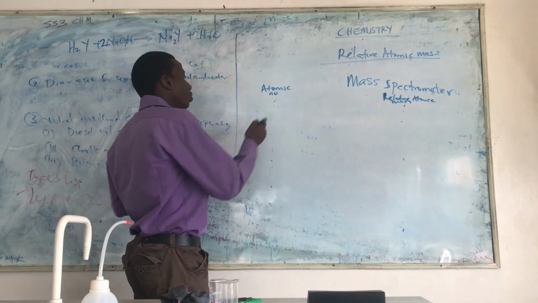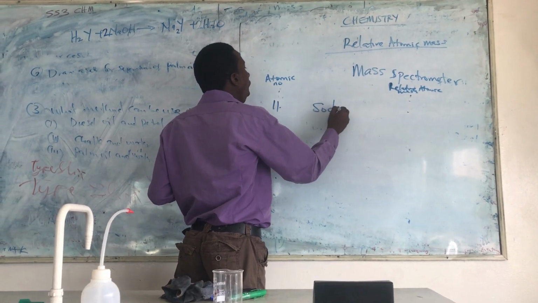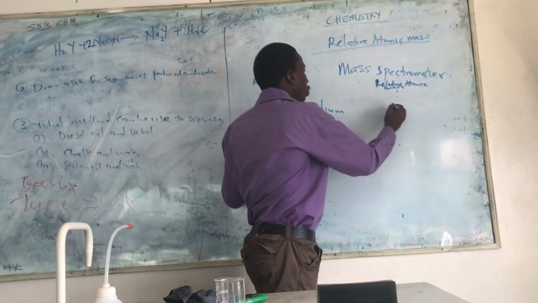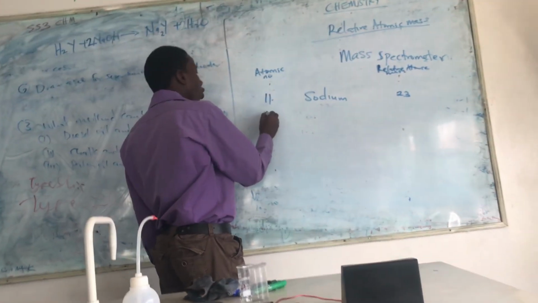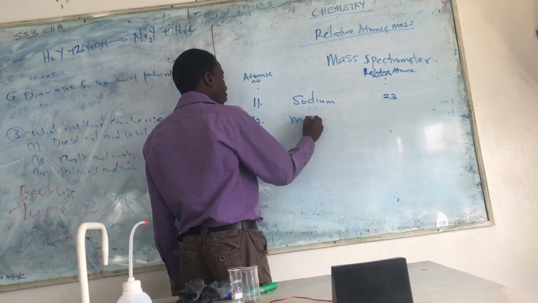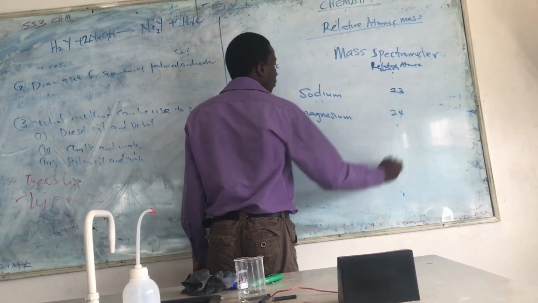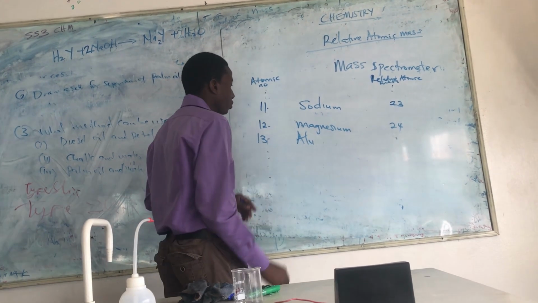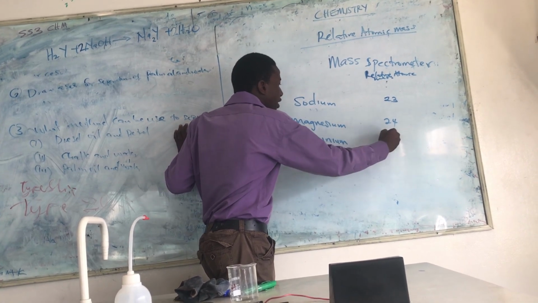So number 11 now. The next element is sodium, and the mass number of sodium is 23. The relative atomic mass is 23. For magnesium, the relative atomic mass is 24. For aluminium, the relative atomic mass is 27.